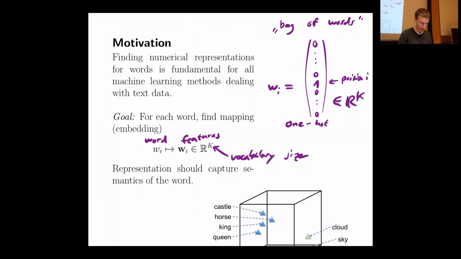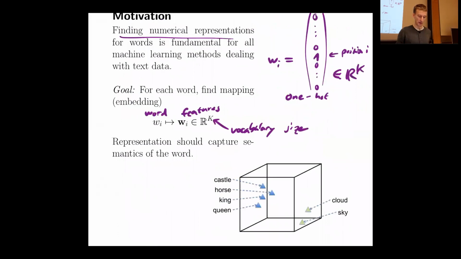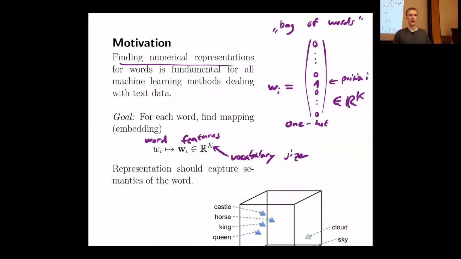So, finding good features. That's the topic here. And then also, what do we really want? We said it's problematic to have too many features, but if I have fewer features, then what are good features? Here you can also see that it doesn't capture anything smart, right? Every word is going to be a completely different vector. For example, a word in singular and the same word in the plural form will have completely different feature vectors here.